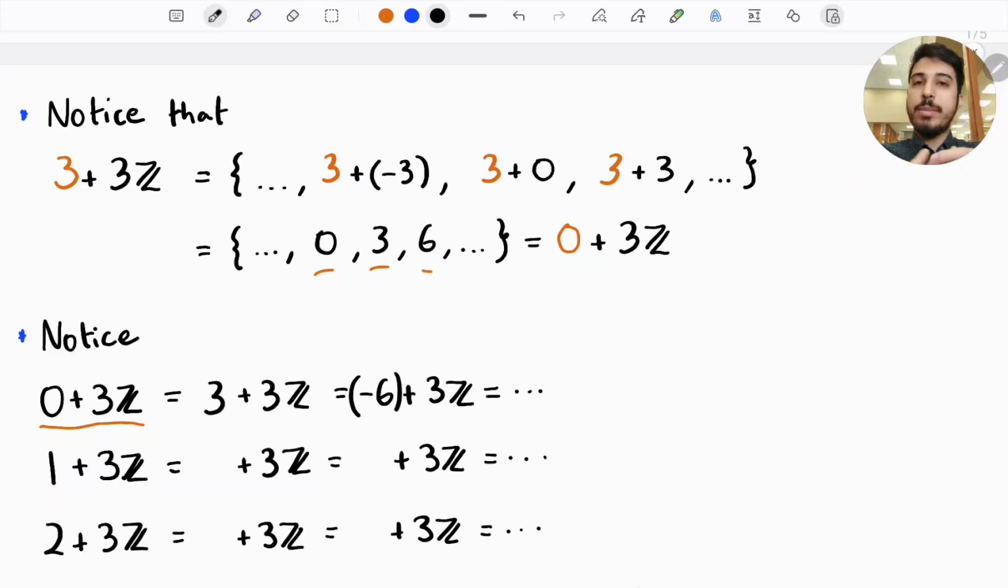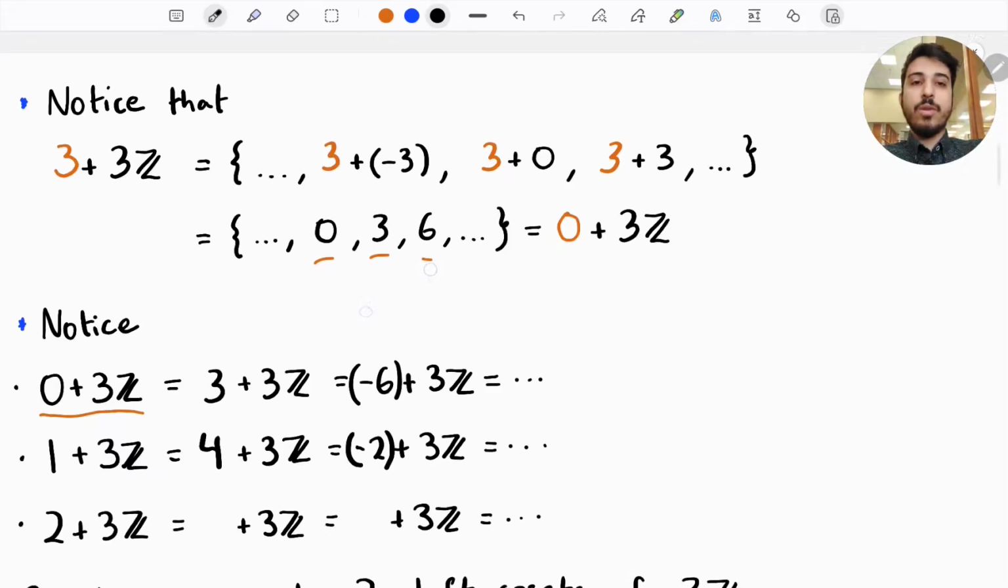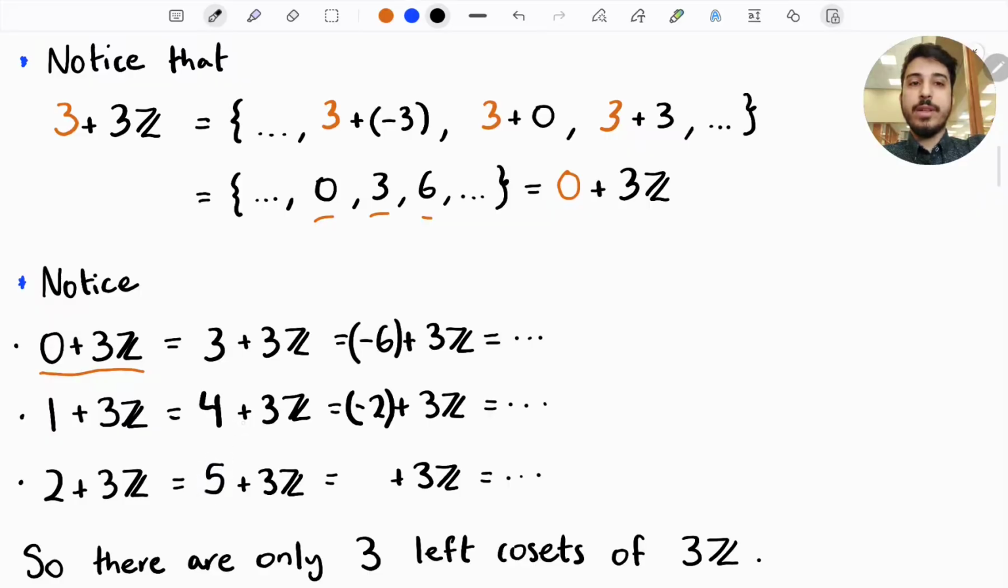You can guess that it could be any multiple of 3 in this case. And in the next coset, we could have 1 plus 3Z, or 4 plus 3Z, or minus 2 plus 3Z, etc. The third coset can be 2 plus 3Z, or 5 plus 3Z, or minus 1 plus 3Z, etc.